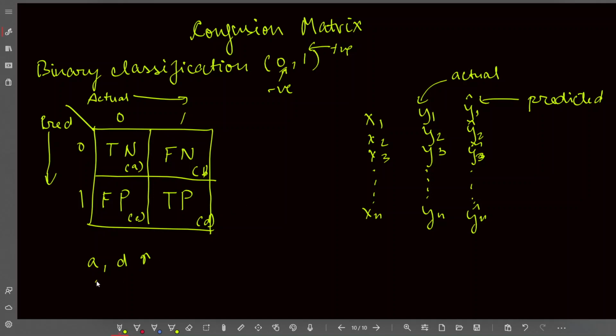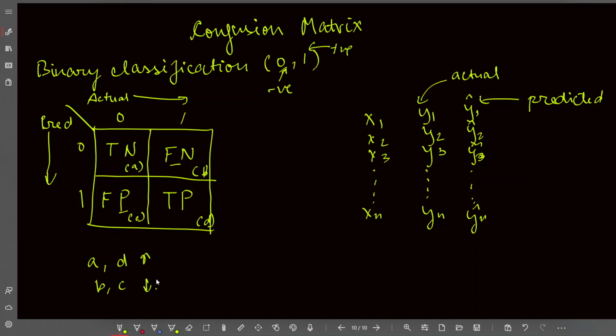And you would ideally want your B and C, which is this column and this column, to be low, because we want to minimize the incorrectly predicted classes, no matter where they come from, 0 or 1.